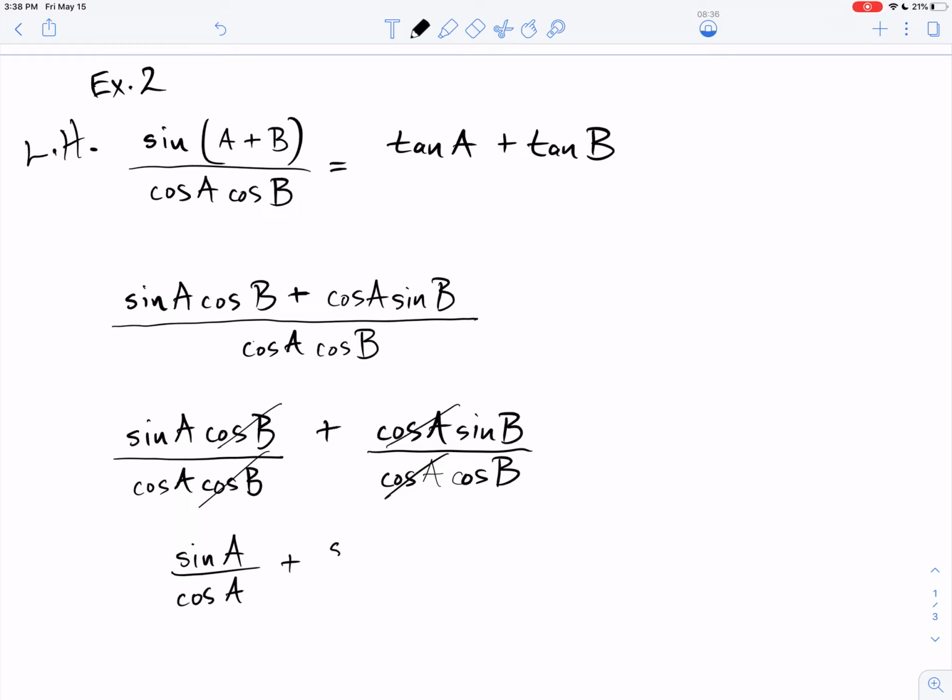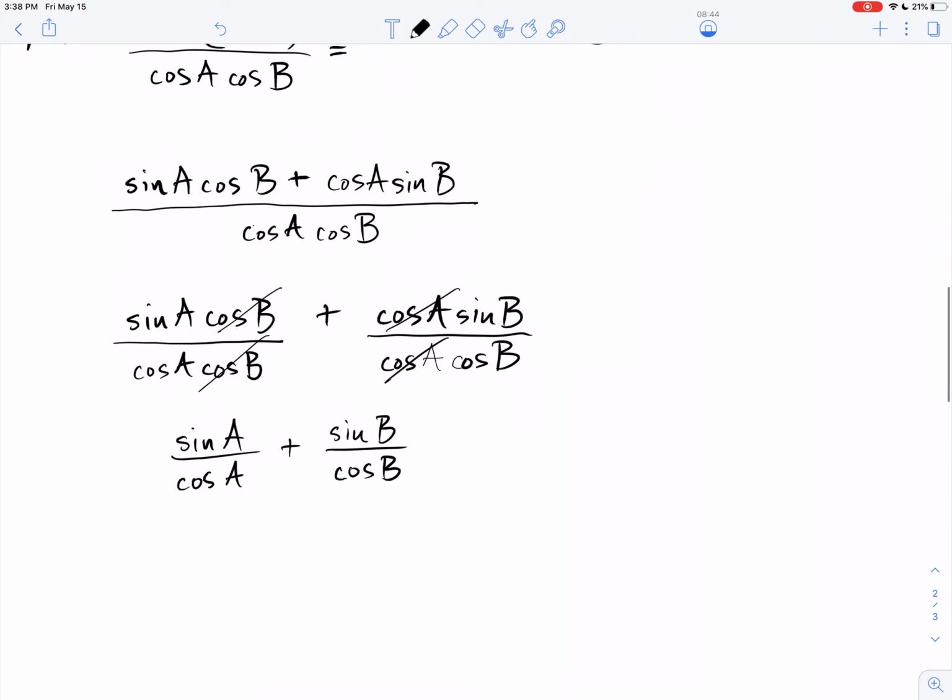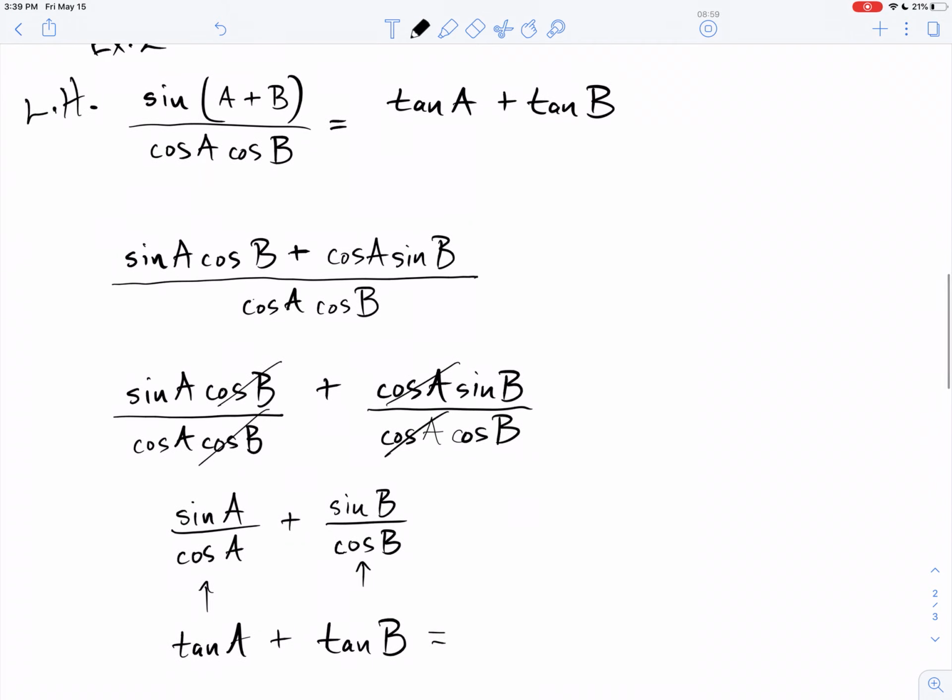I end up with sine B over cosine B. Well, the last time I checked, this was the same thing as tangent A. And the last time I checked, this thing was the same as tangent B. And that's what this side equals. They are equivalent statements.